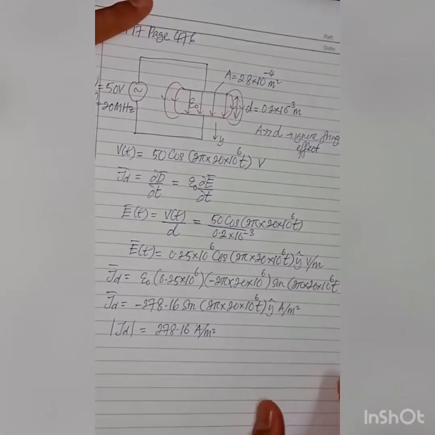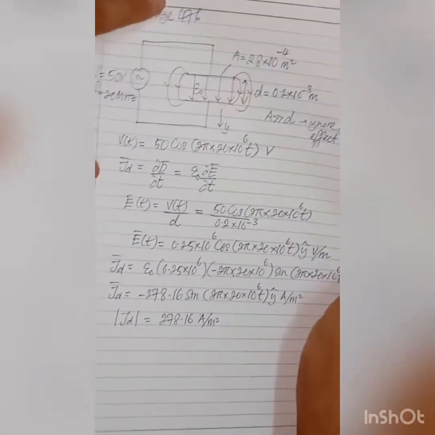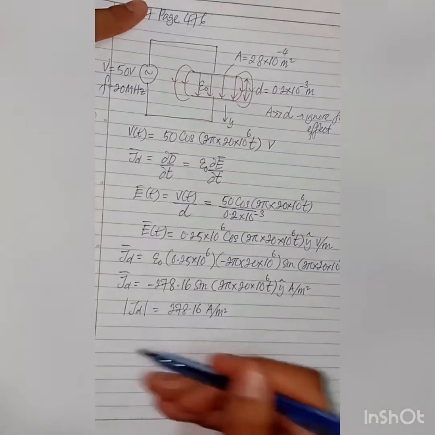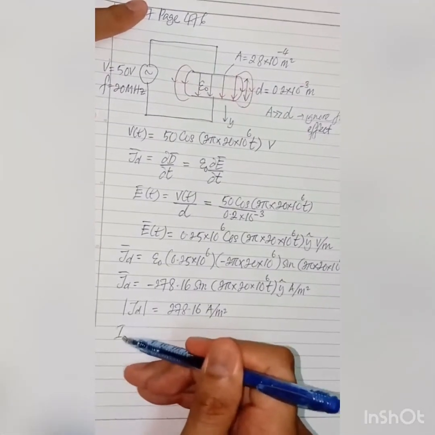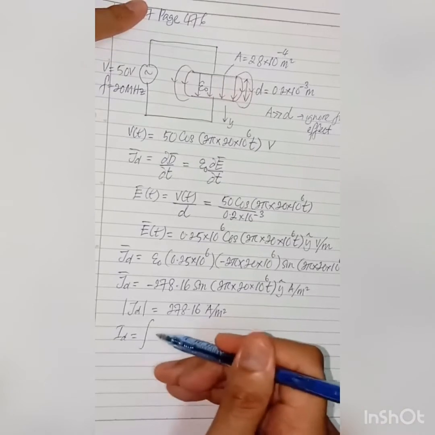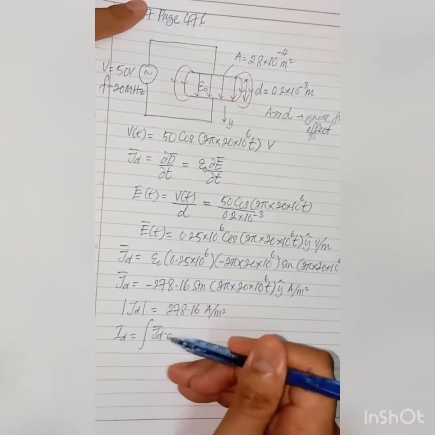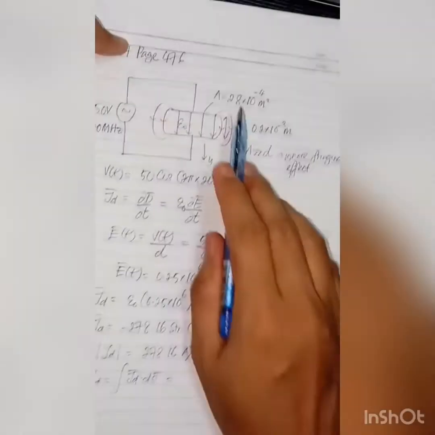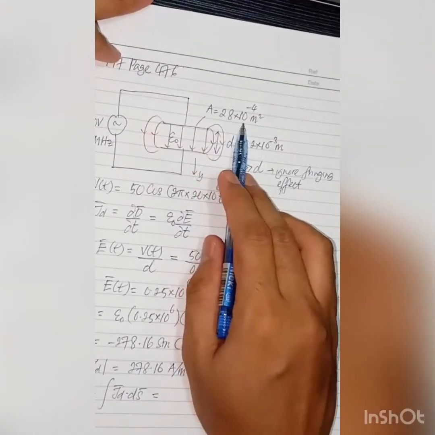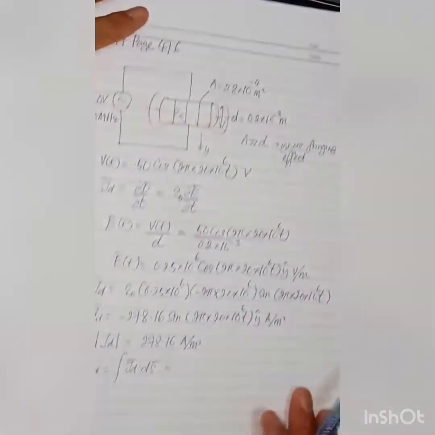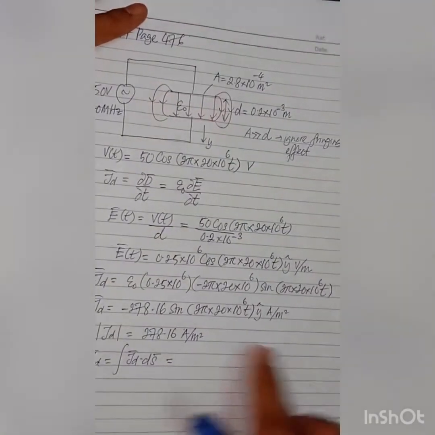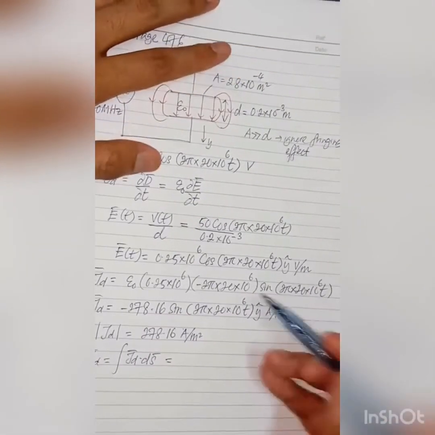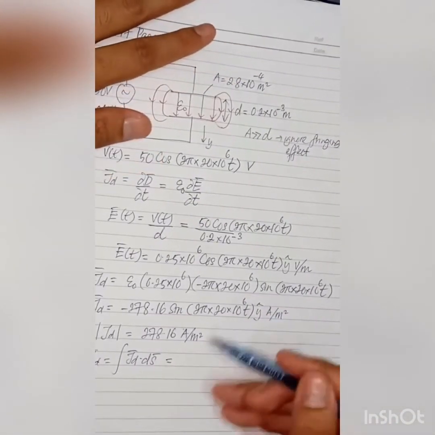The ID, as we discussed previously, can be simply found by applying the integration of JD dot ds. The ds here is given as 2.8 times 10 to the power of minus 4 meters squared. So just multiply the whole term here by 2.8 times 10 to the power of minus 4 to get the value of ID.